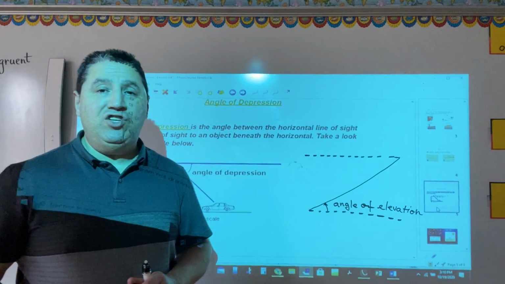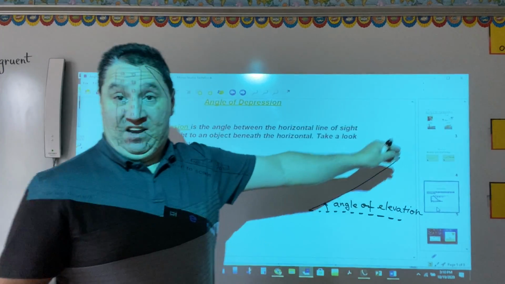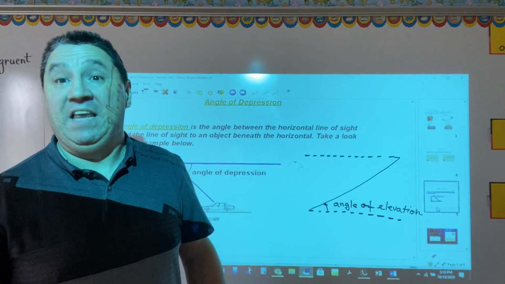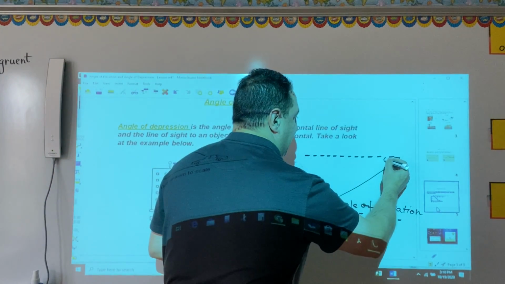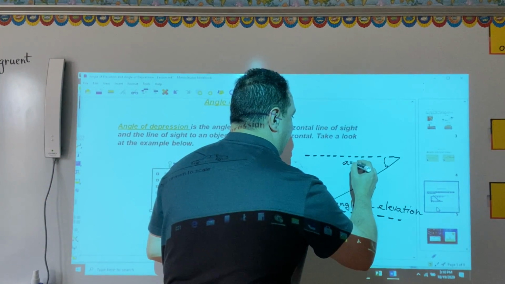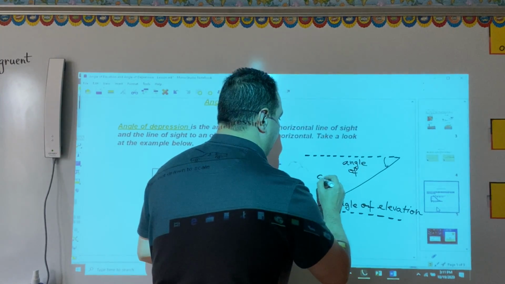The angle of depression is the angle formed by the horizontal line of sight and a new line of sight beneath the horizontal line of sight. In this case, this is the angle of depression.